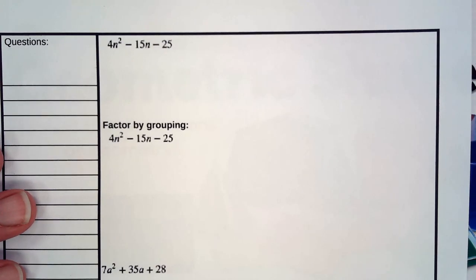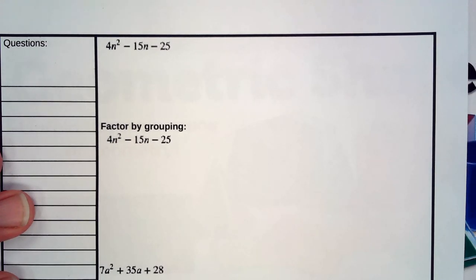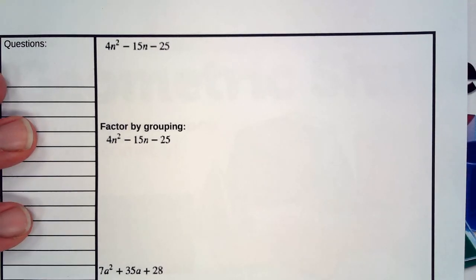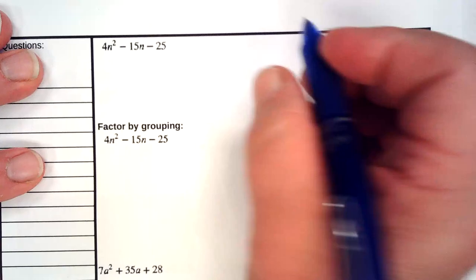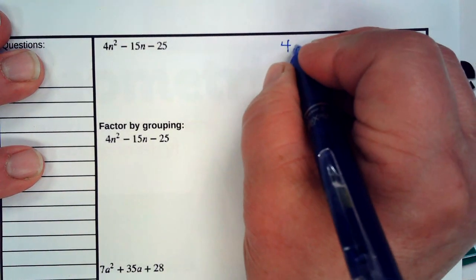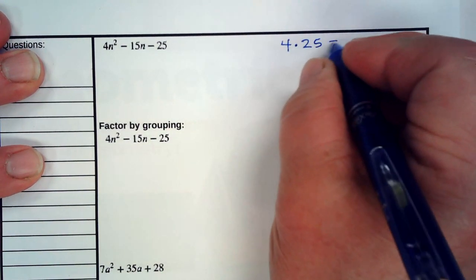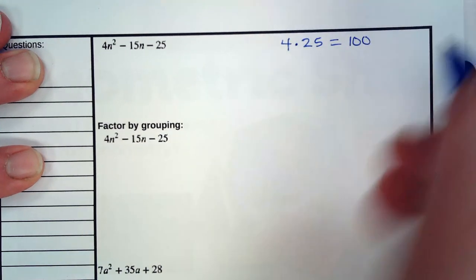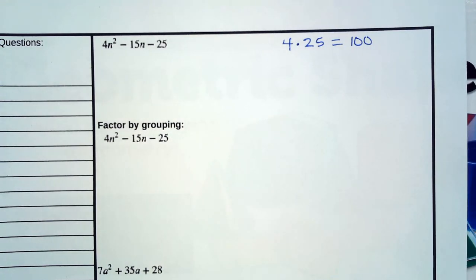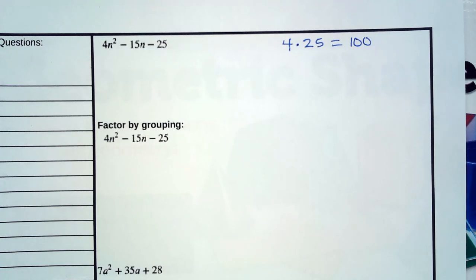Okay, for the next one, we're going to factor by grouping. We know that we've got 4 times 25. That gives me 100. My factors of 100, that when I subtract them, I get 15.